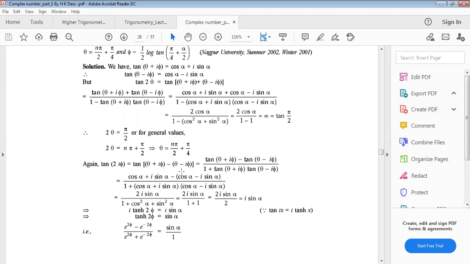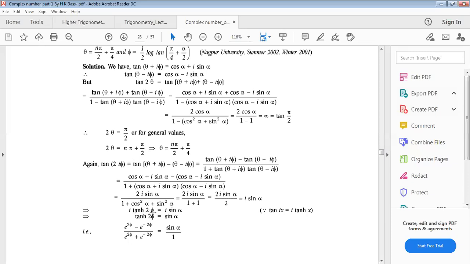After calculation cos α cancels, just 2i sin α, and in the denominator 1 plus cos² α minus sin² α times i² is cos² α plus sin² α, so 1 plus 1 is 2, cancel, giving 2i sin α. Therefore, tan 2iφ can be written as i tanh 2φ.